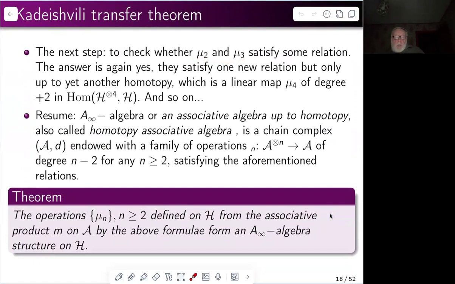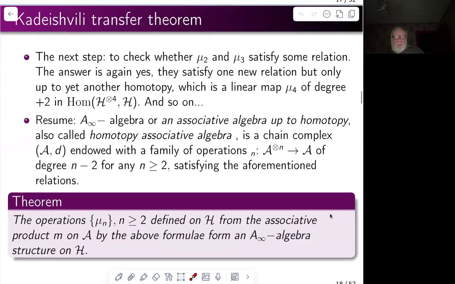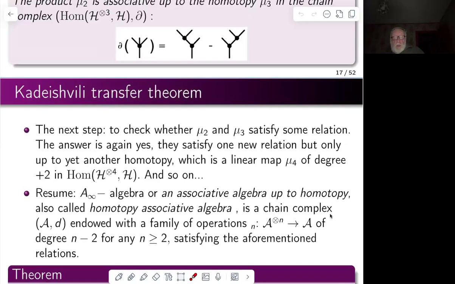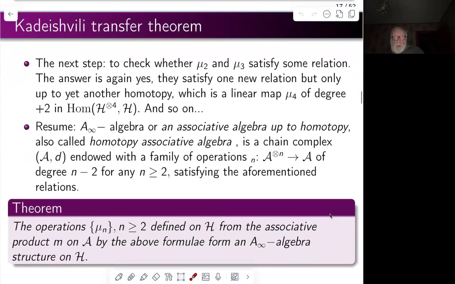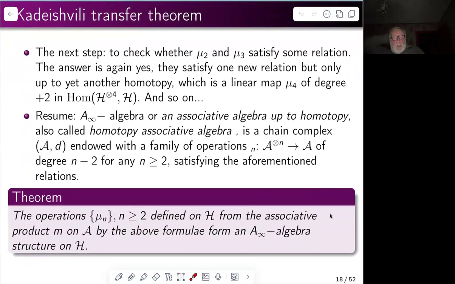So as part of this condition, homotopy on the level of degree 3, we also should have compatibility between mu2 and mu3.